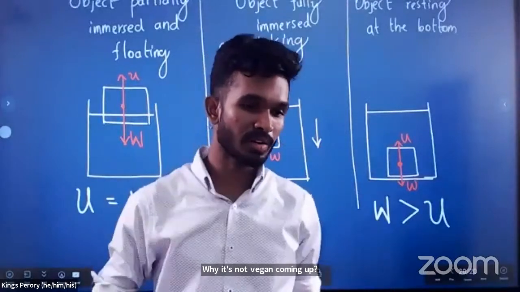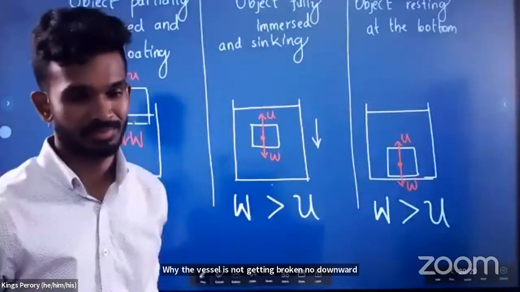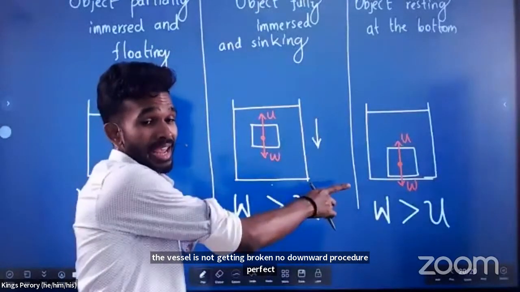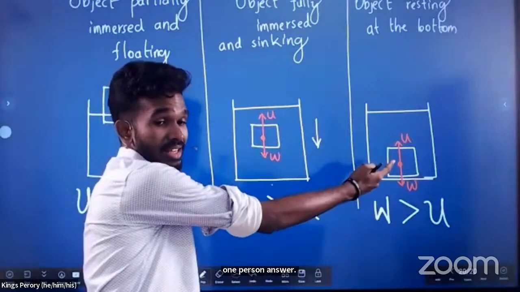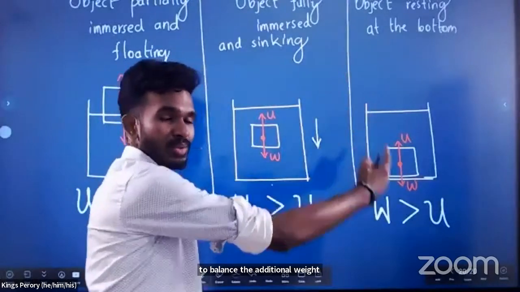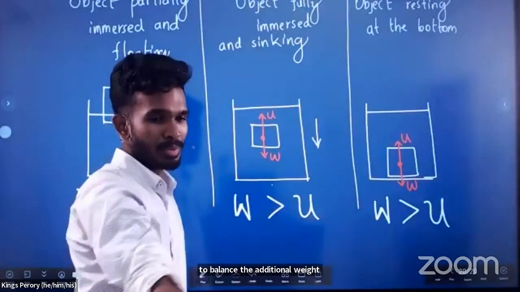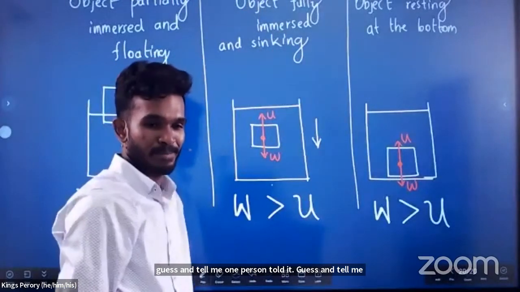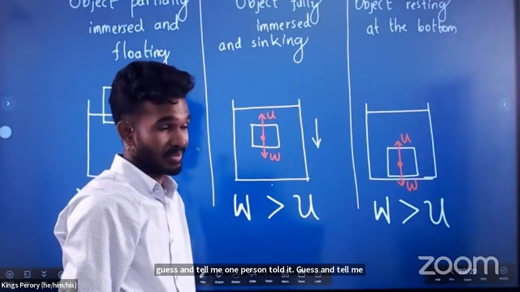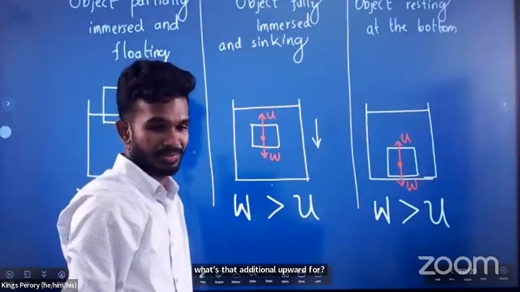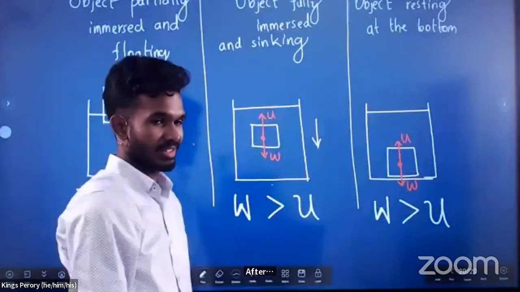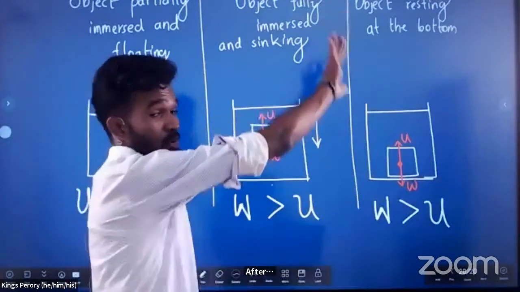Now downward force is greater. Perfect, one person answered: to balance the additional weight, there is an additional upward force. Guess and tell me what that additional upward force is. Upthrust is already there. Atmospheric? Now atmosphere is outside.